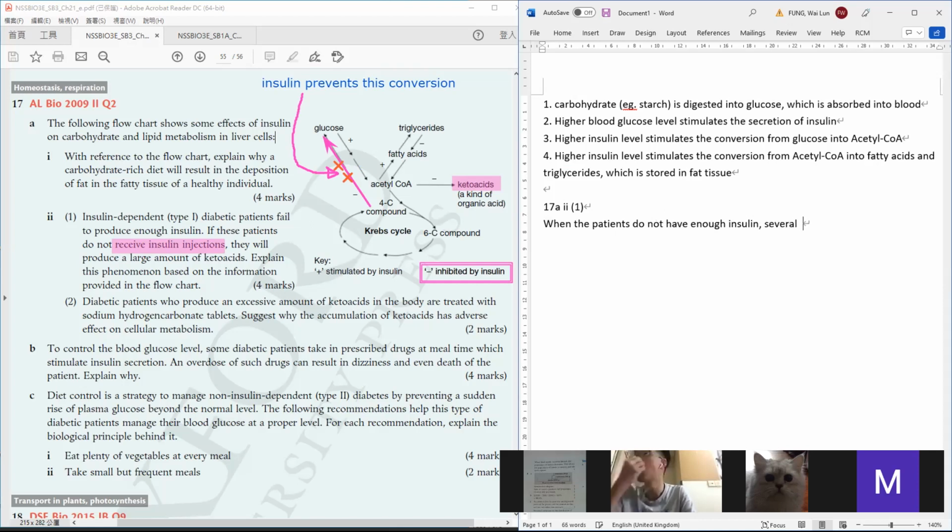Several inhibitory effects by insulin will be reduced. For example, insulin doesn't like this conversion.